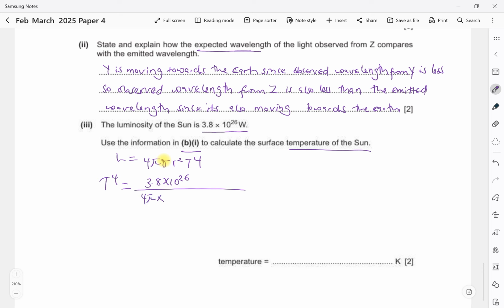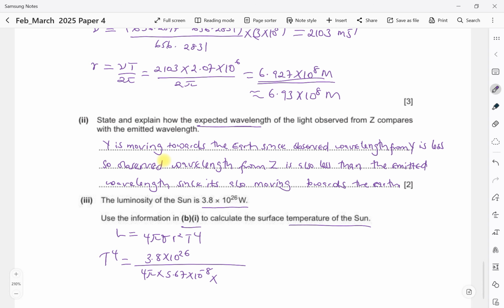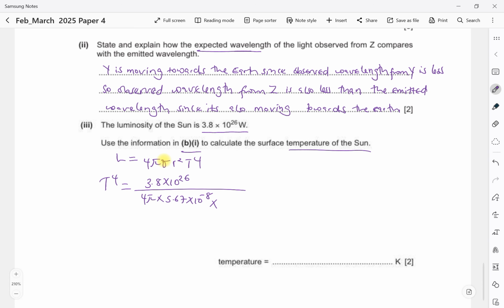Sigma is given in the list of constants, which is 5.67 times 10 to the power of minus 8. Then times the radius. We said the radius was 6.93 times 10 to the power of 8, but this should be squared.